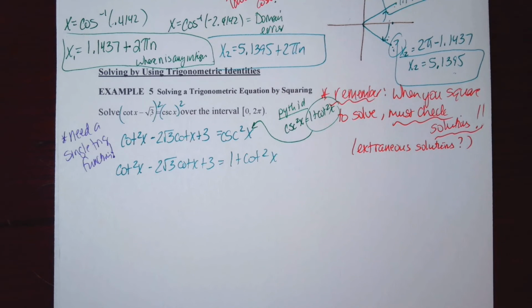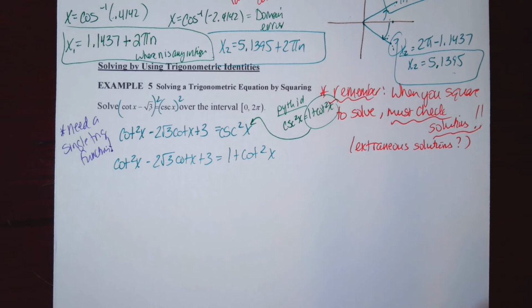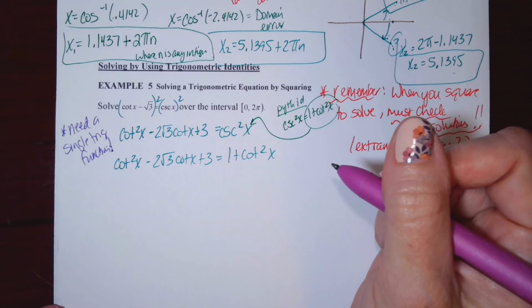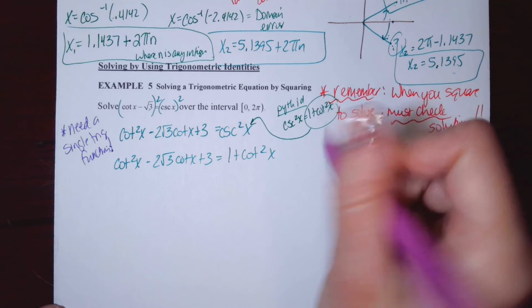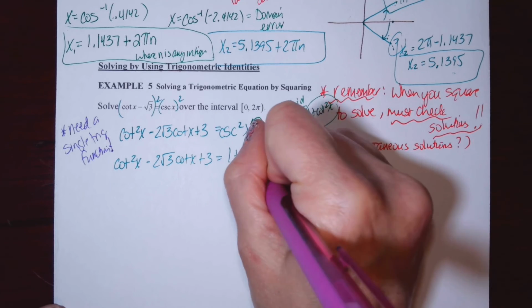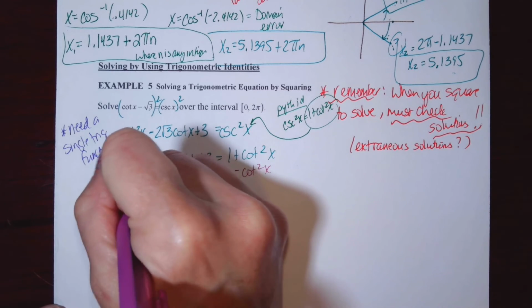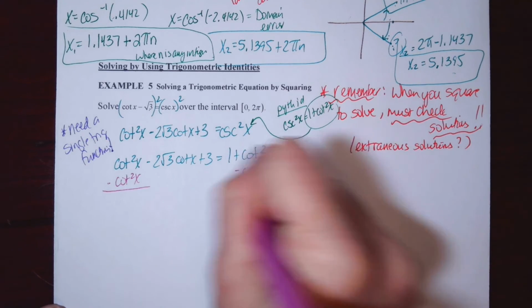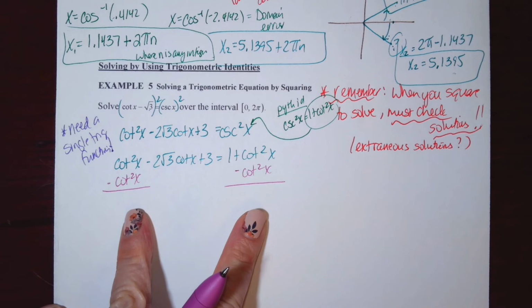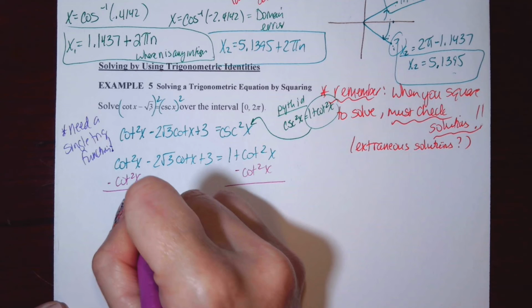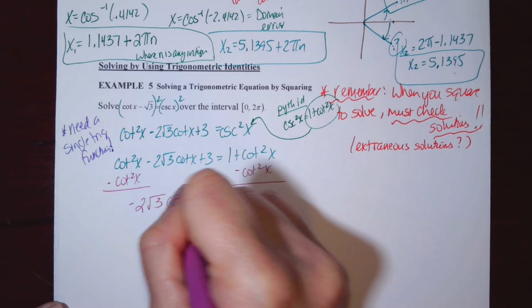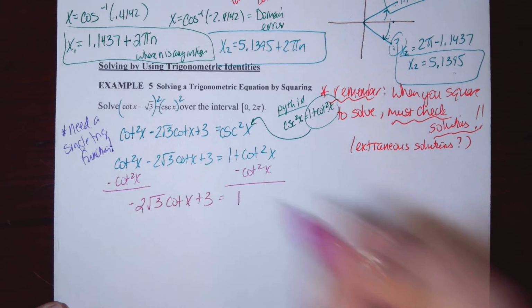So let's see what we can do to solve. If I subtract cotangent squared x, look at that, those go to 0. Opposites add to 0. So I'm left with negative 2 square root 3 cotangent x plus 3 equals 1.